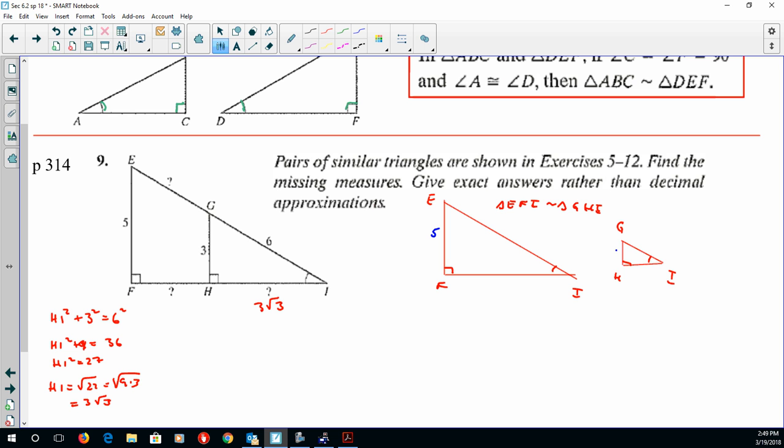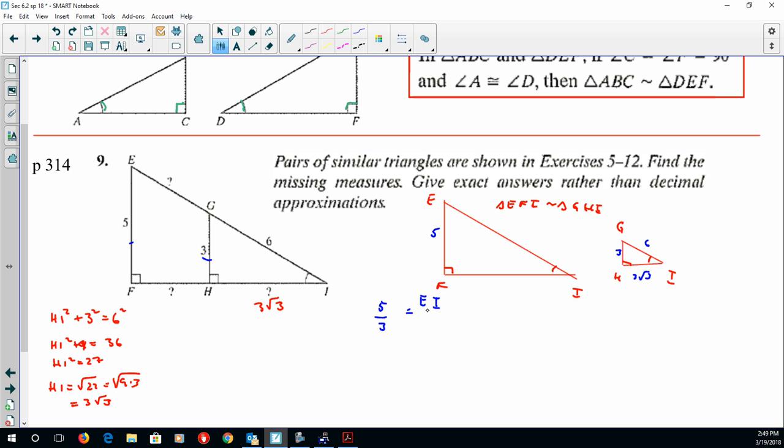So when I have similar triangles, corresponding sides are in proportion, which means the long vertical leg divided by the shorter vertical leg is the same as the long hypotenuse, I don't have a label for that, that's EI, divided by the short hypotenuse, which is 6.